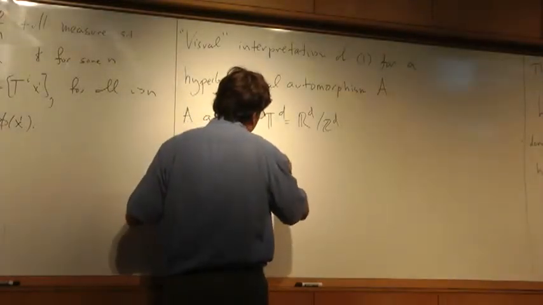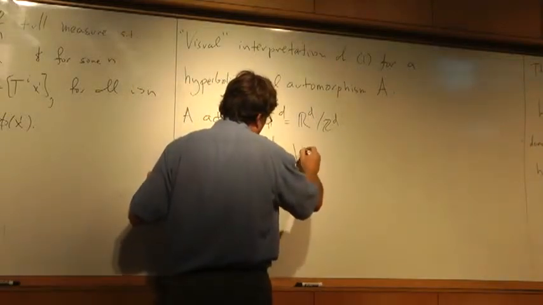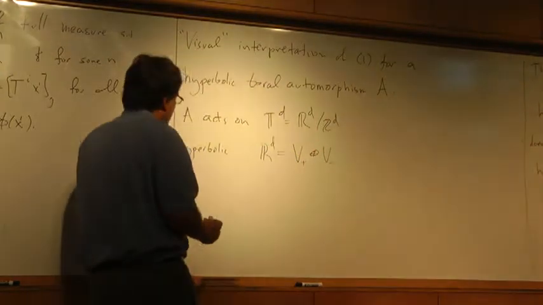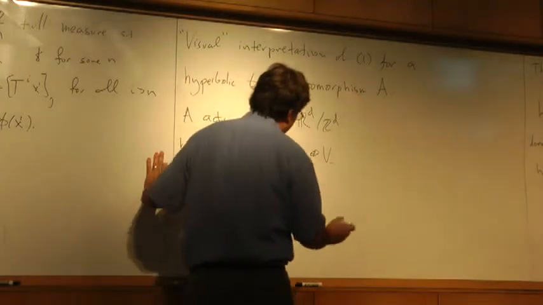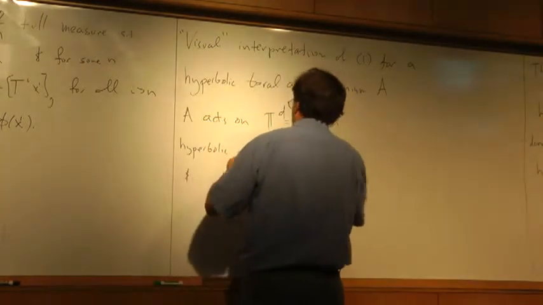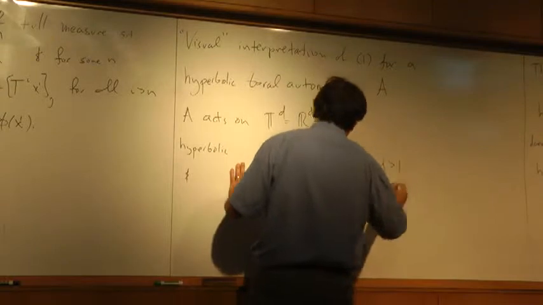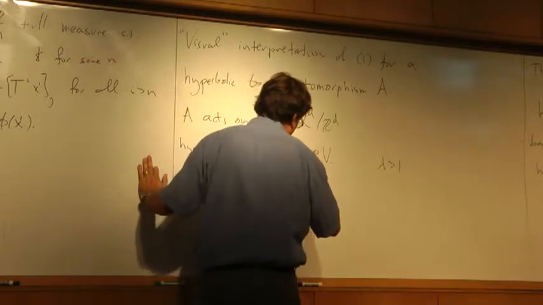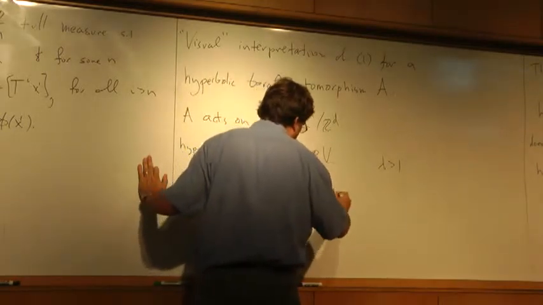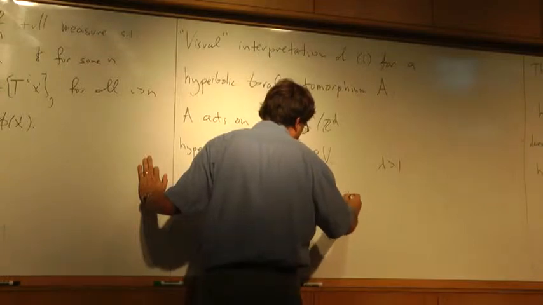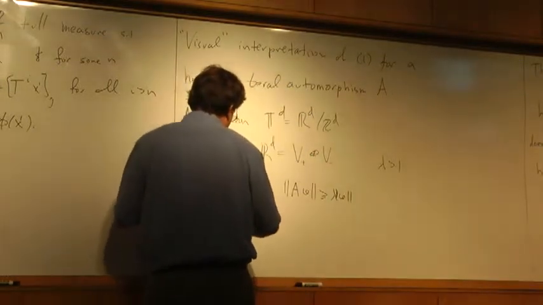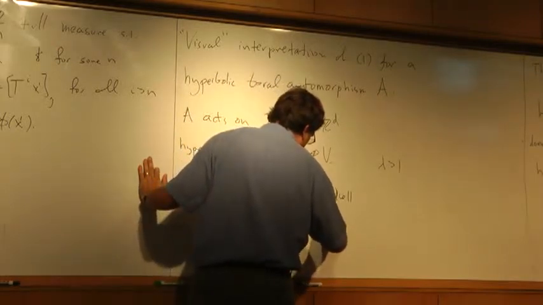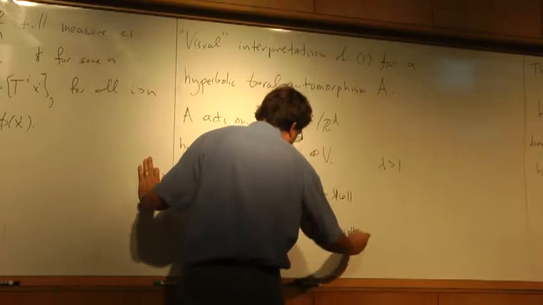Hyperbolic means that I can write R^d as V plus and V minus, and there's a splitting and there's a lambda bigger than 1, so that for every little v in V plus, the norm of Av is bigger than lambda times v, and if v is inside V minus, the norm of Av would be smaller than 1 over lambda. That's what hyperbolic means.